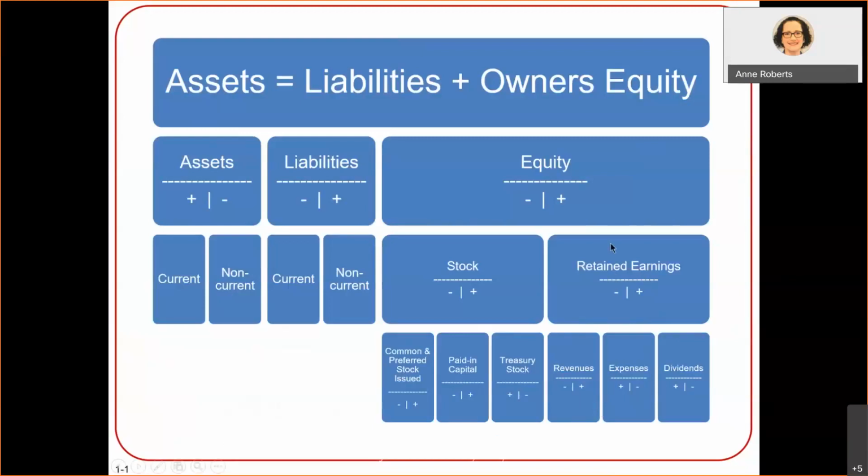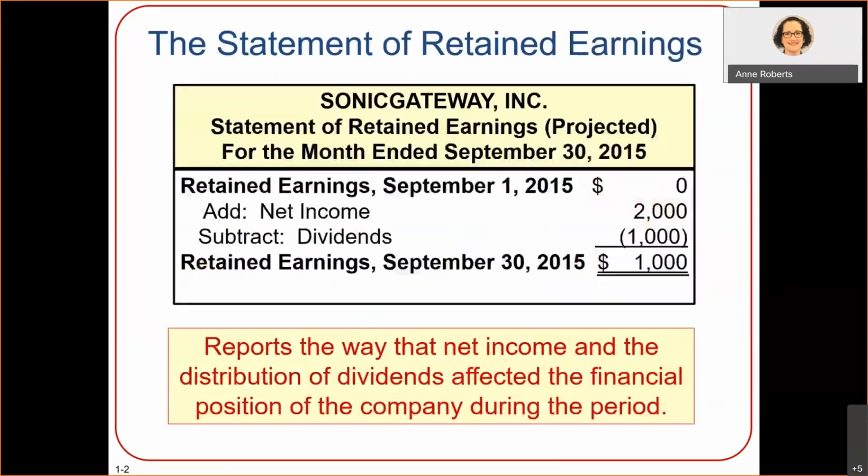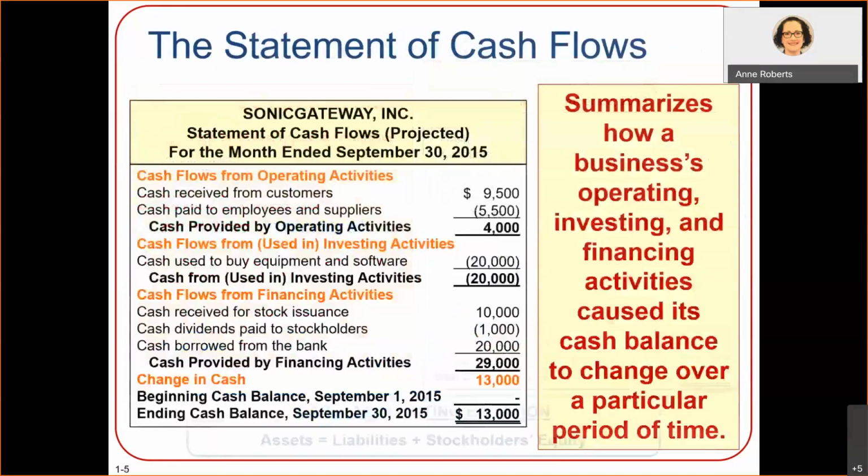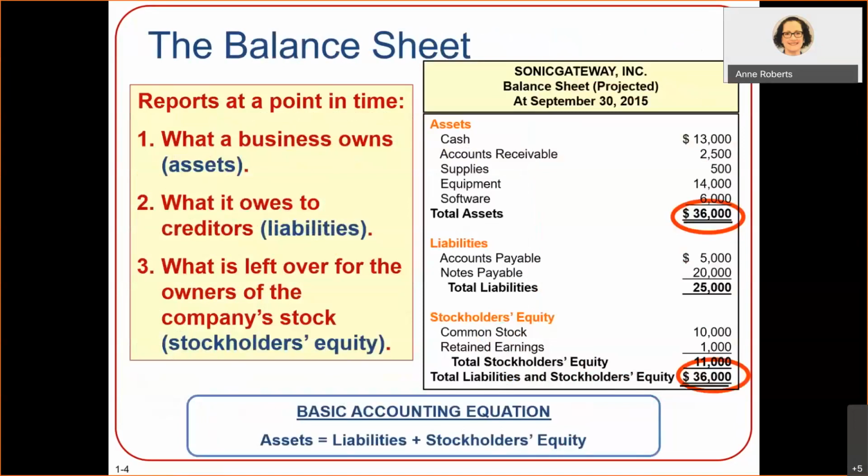Then that retained earnings statement rolls up into the balance sheet to balance the balance sheet. So that's how all this stuff fits together. All right, so let me get back to the balance sheet. Everything's rolled up there, it balances. That means that we are good to go.